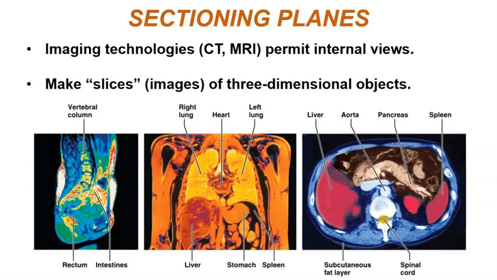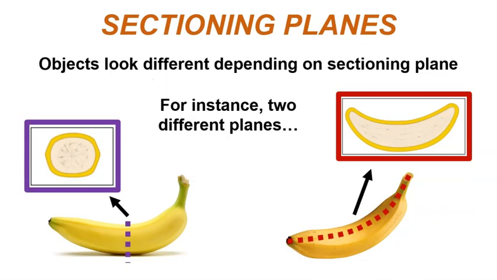And so what we end up with from these imaging technologies are slices, that is, images of three-dimensional objects. Sectioning planes use imaginary planes to slice an object in different ways and allow us to take the perspective of the object from that plane. The same object might look completely different depending on the sectioning plane that was used to slice it.